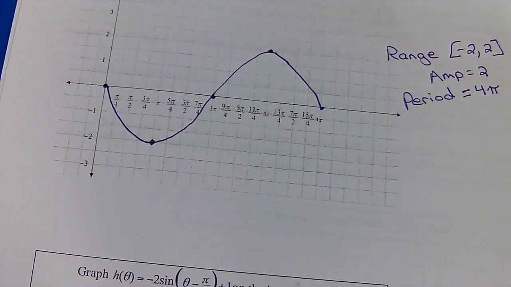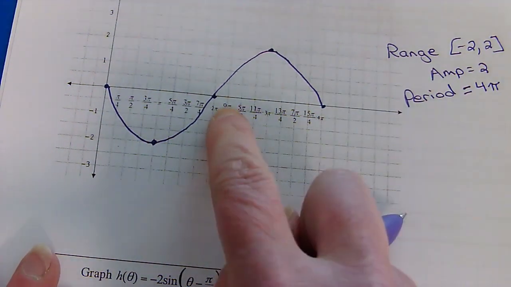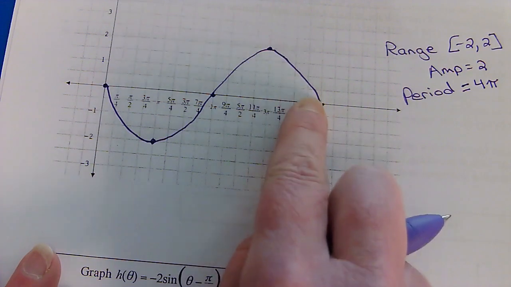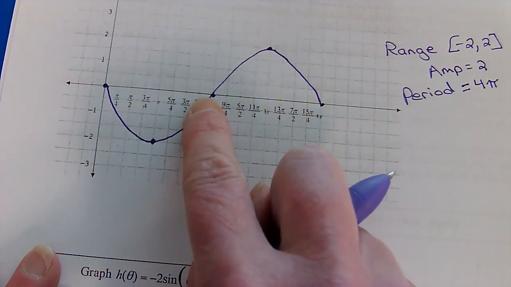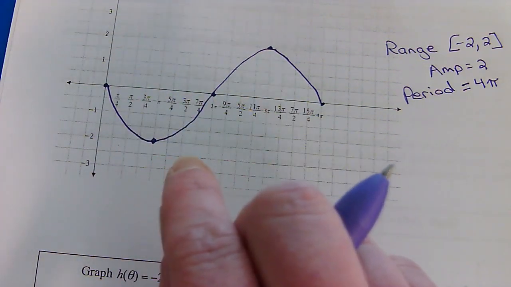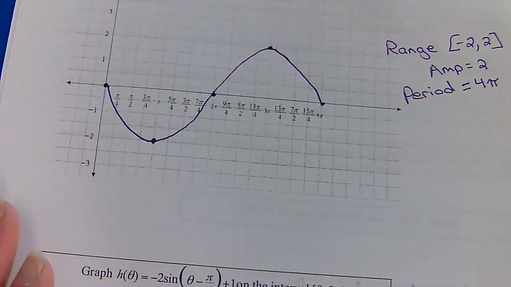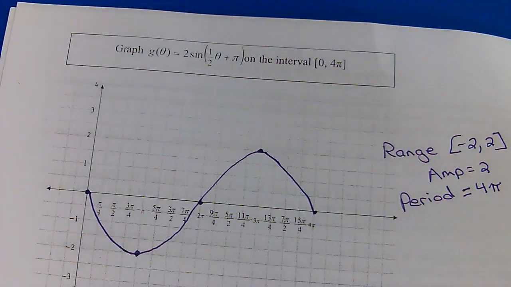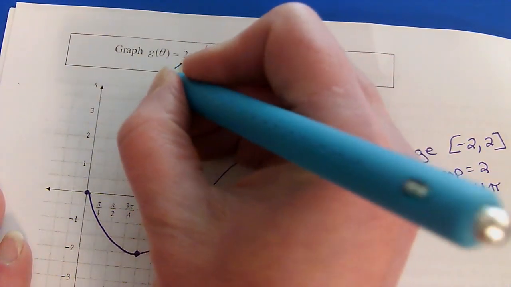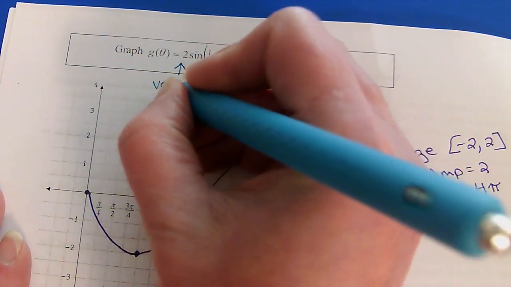And there also seems to be some shifting. Like normally it went up first. So it's sort of like the graph got shifted left somehow. So let's talk through that. This 2 at the front, that's a vertical stretch by 2.